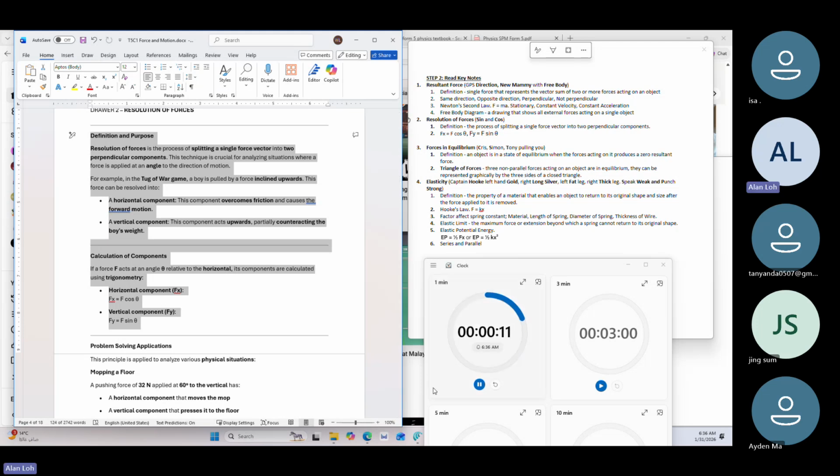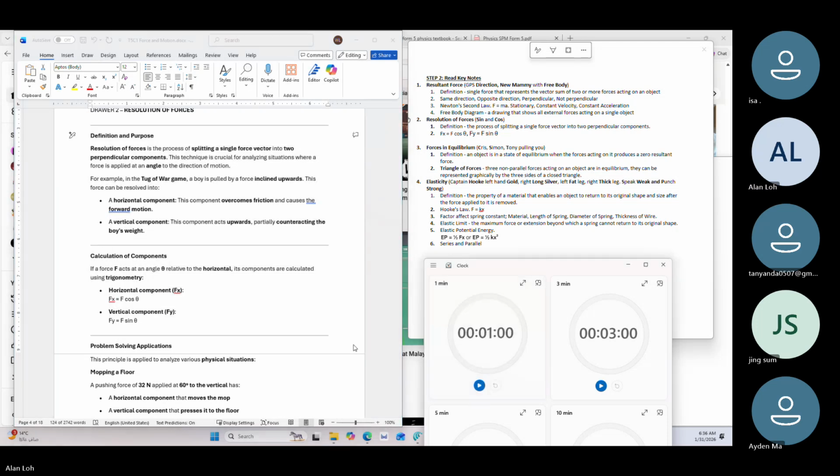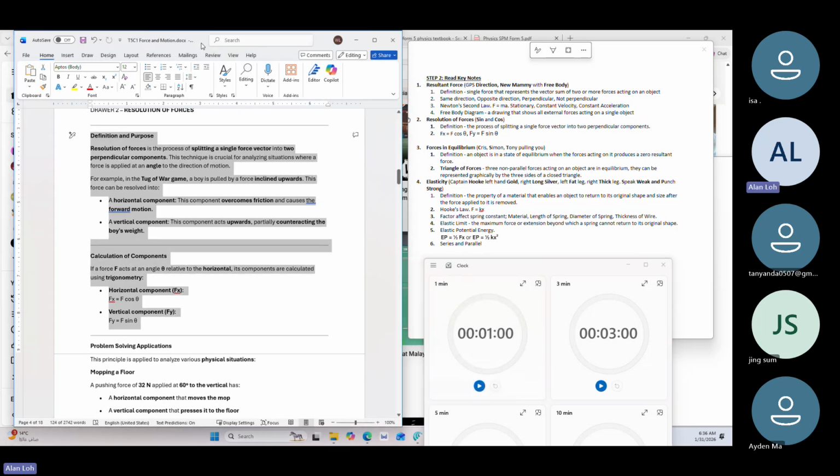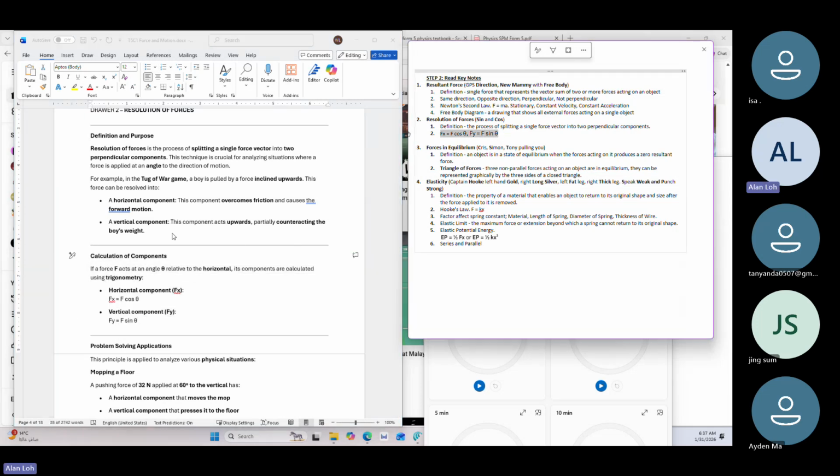Ten more seconds. Right. Okay. That is drawer number 2, the first part. All right. In fact, this one is already touching the second point here. Okay.